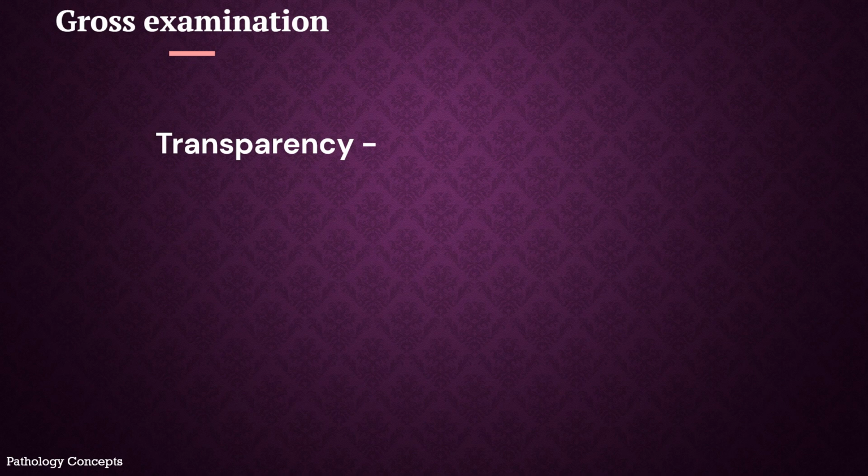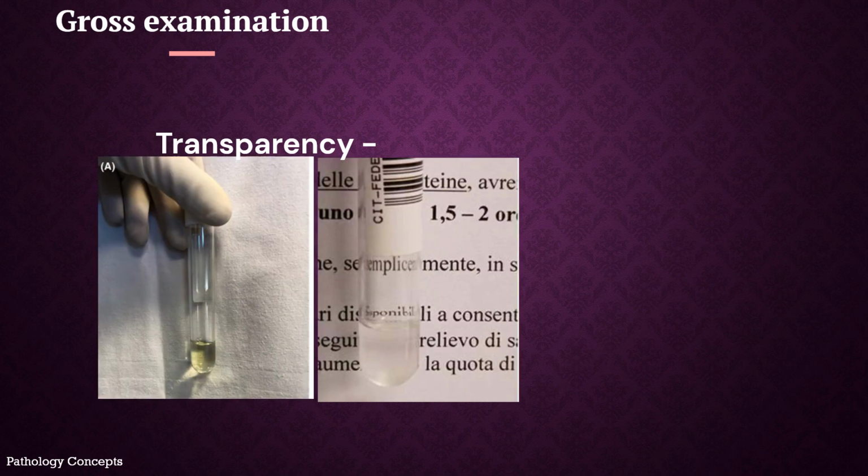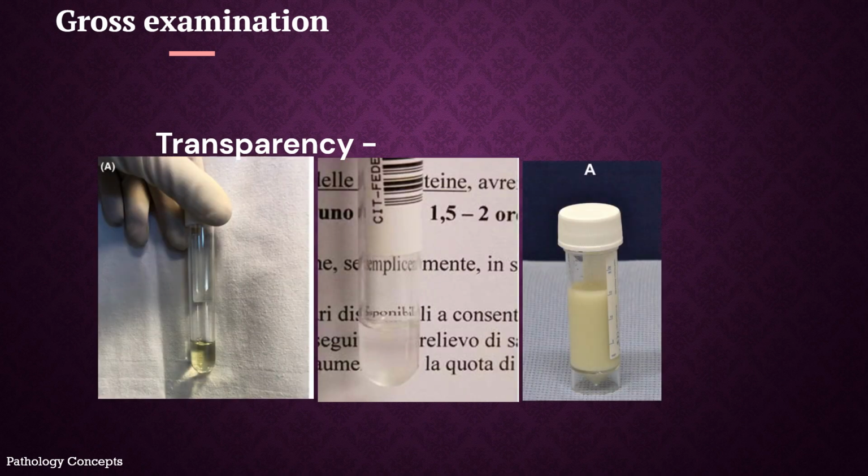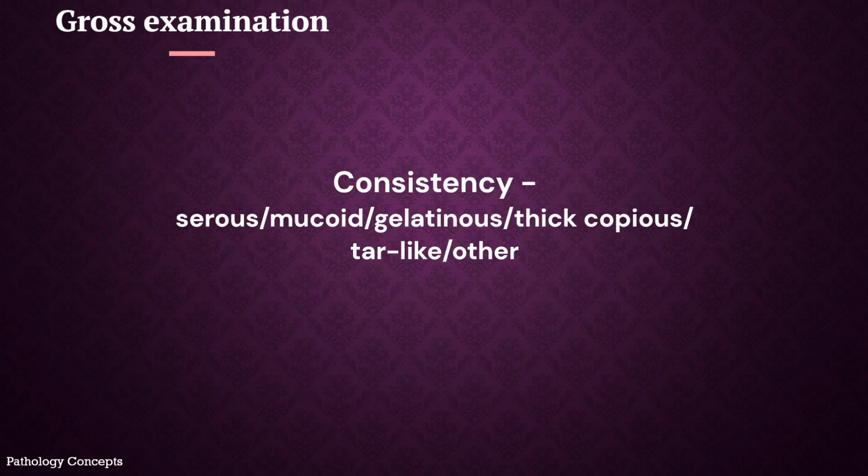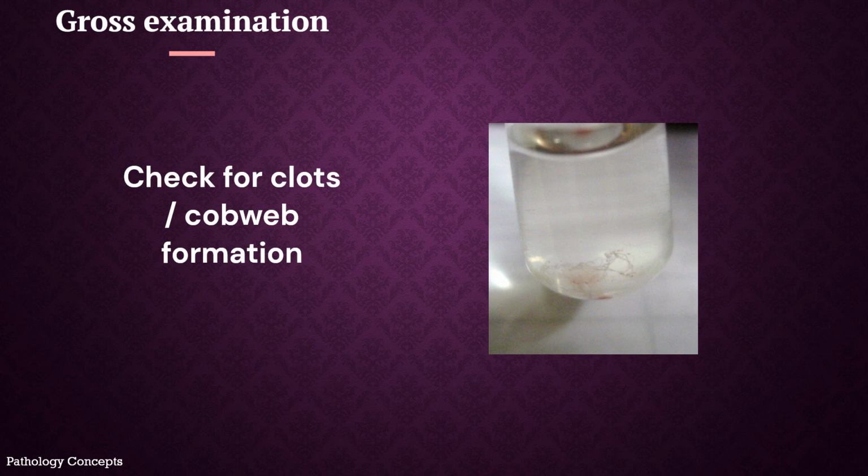Second is transparency. It can be clear, moderately turbid or frankly turbid. Third is consistency. It can be serous, mucoid, gelatinous, thick, copious, tar-like or other. And fourth, look for any evidence of clotting or cobweb formation.